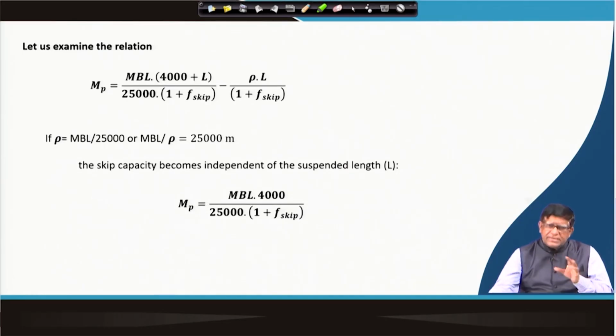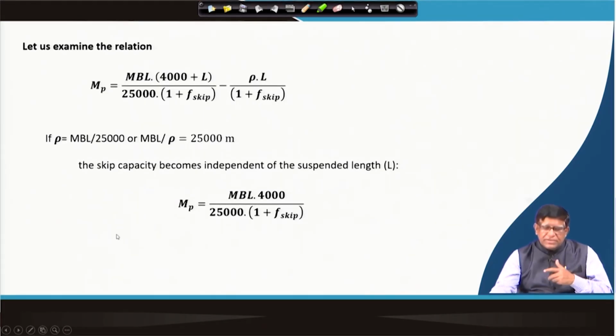Now, let us see the same equation which we were just discussing, a very simple relationship. If we take the mass per unit length such that the ratio is equal to 25,000 meter, and you put this value over here, you will find that in this function the length L is not coming.